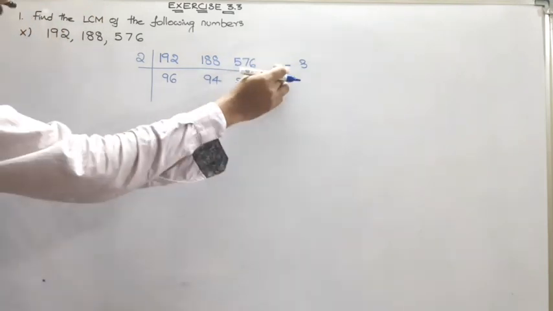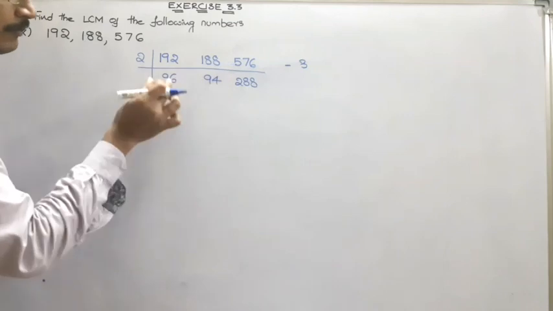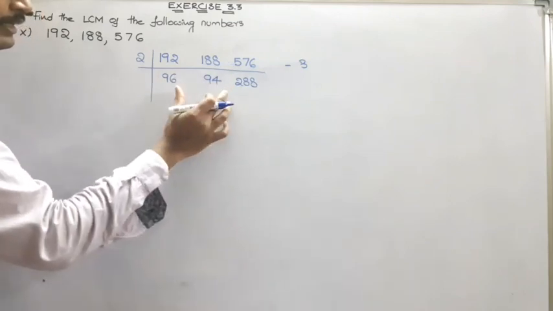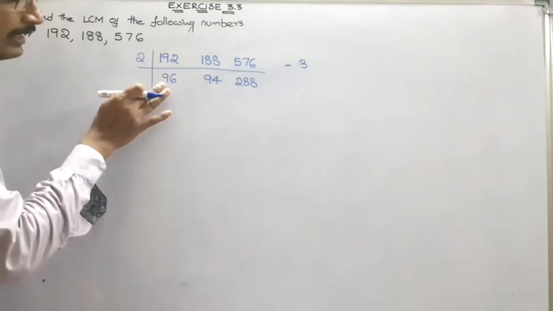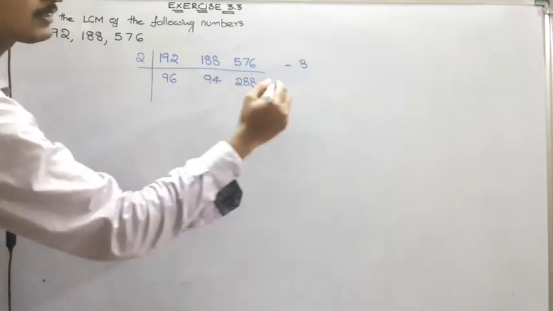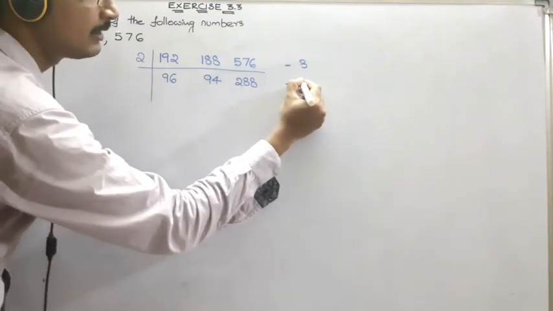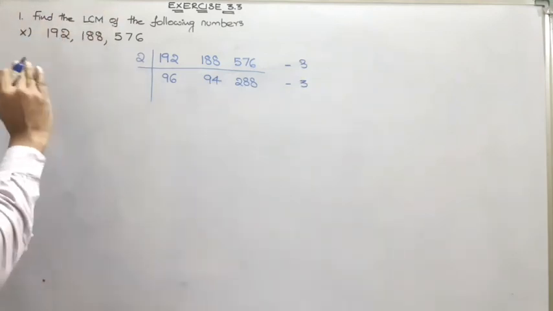As we have 3 numbers and all are even numbers, we just divided using 2 table. Now in the new set of numbers, how many numbers are there? 3. So we will proceed further.